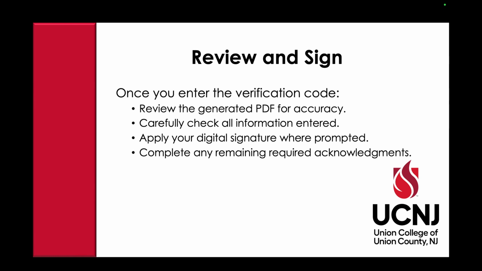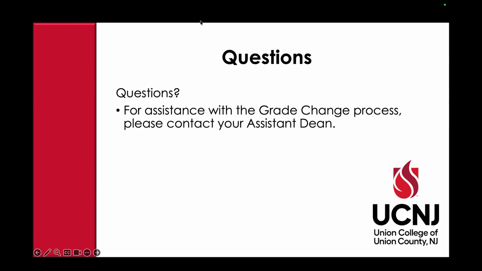Make sure the grades are correct, what grade you're going to change it to. And then at the bottom of the page, it's going to ask you for your digital signature. Once you fill out your digital signature and submit it, it will get sent off to the appropriate dean or assistant dean for approval. So this concludes the video.